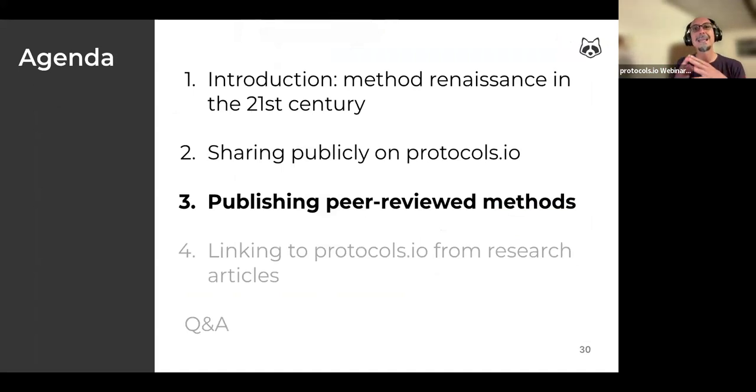And I would like now to move on to the third point in the agenda, which is a very specific partnership that we have established with 4 peer-reviewed journals and which fits within this narrative of the methods renaissance, because the idea is to bring more credit and recognition to method development.